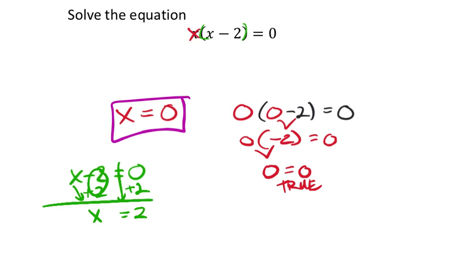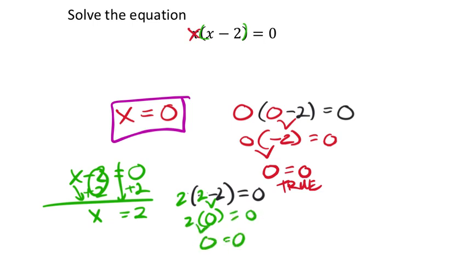Well, the original equation was x times x minus 2, and it should be equal to 0, right? But now we're going to replace both x's with positive 2. Okay, so 2 times 2 minus 2 is 0. This should equal 0. 2 times 0 is 0, which does equal 0. That's true. And now I know I have, in fact, found another solution.